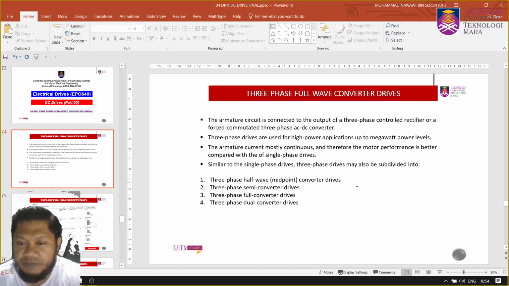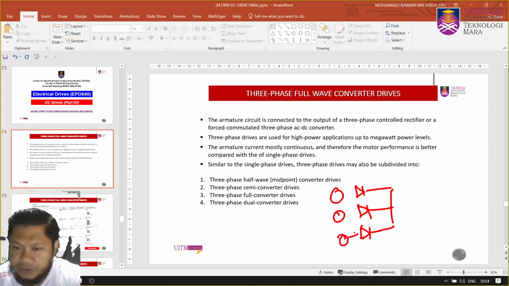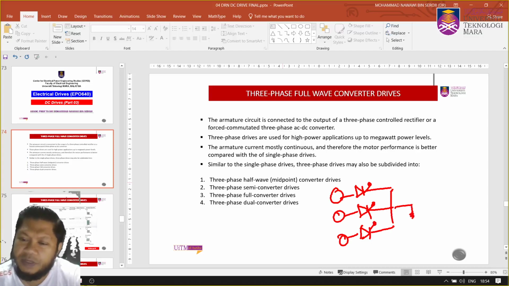I hope you still can remember. 1, 2, and 3 here, connected to your R, L plus back EMF.